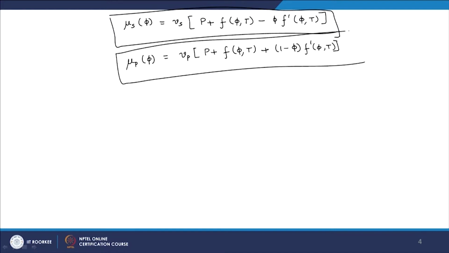So, if you recall from the last class, we have found the expression for the osmotic pressure as, again I can put in the temperature in that relation as well.